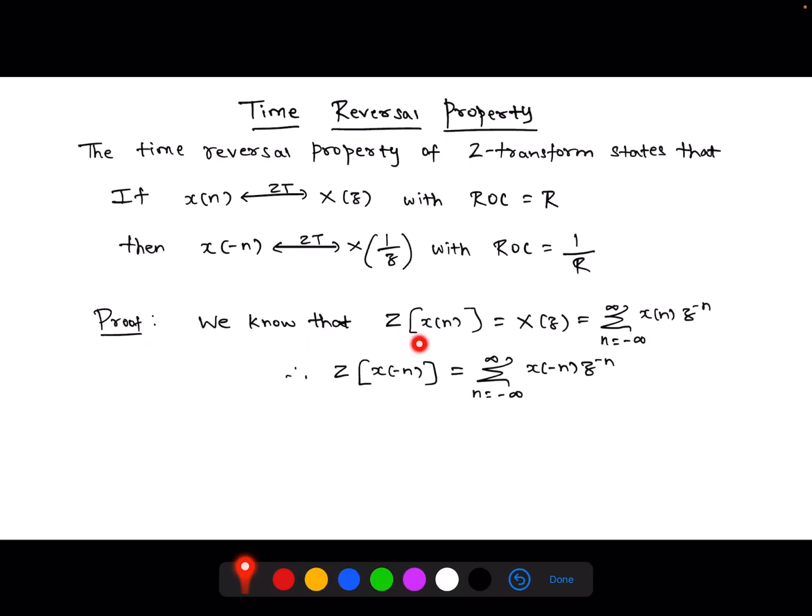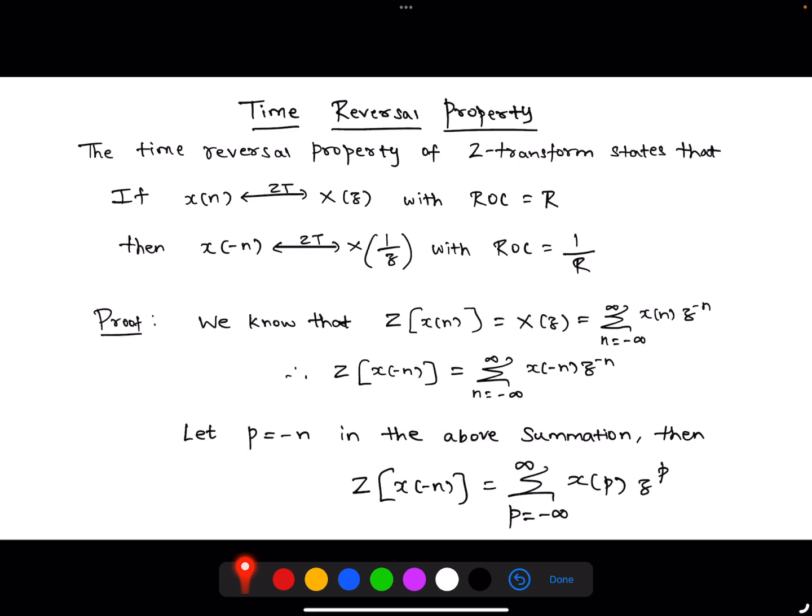We know that z of x of n is equal to x of z, which is equal to summation n equal to minus infinity to plus infinity x of n into z to the power minus n. But we need z of x of minus n, so we just replace x of n as x of minus n here, and remaining places are going to be the same. Now we will replace again p equal to minus n in the above summation. So what will happen in that case?